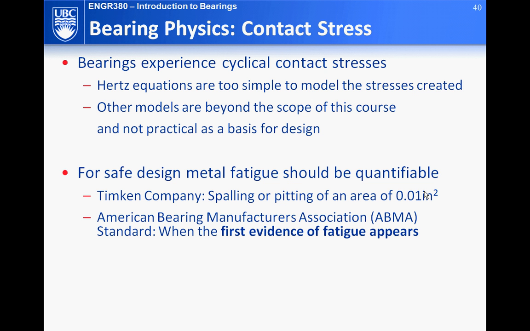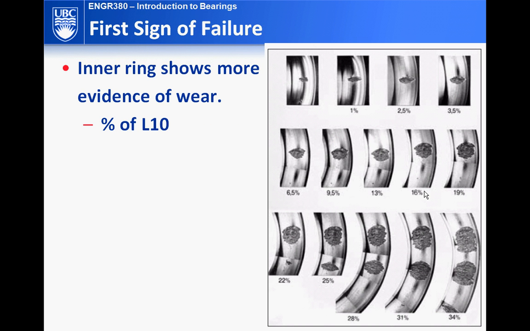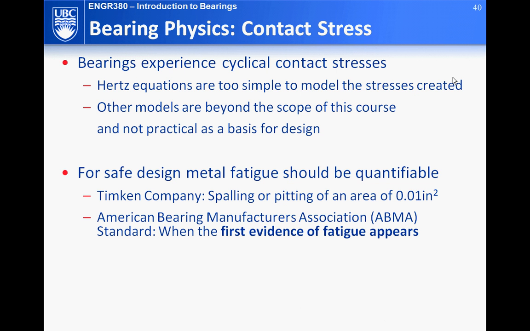What's the first evidence of fatigue? This one. That's what they call the first evidence. How big it is, they don't really say. It just gives you a sort of comparison set here.